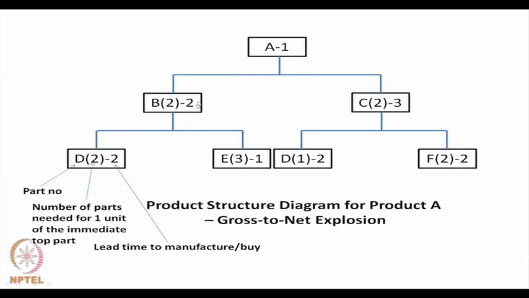They are all lead times. Once the work starts, it will take 1 day or 1 week, in our case 1 day. Once we place an order for B, it will be available after 2 days, etc.